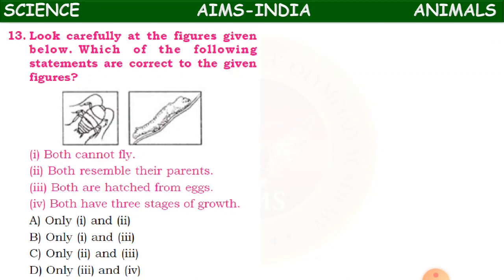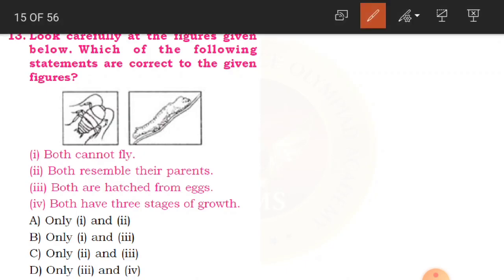One is a cockroach, the other one is the larva, that is the caterpillar. Okay, we have to identify which statements are true. We have got 4 statements, and from that we have to identify which statement is true for these animals. The first statement is both cannot fly.